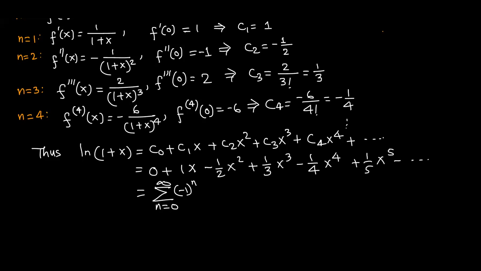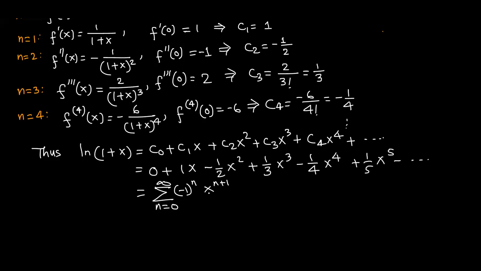Now we have in the first term, when we plug in n equals 0, we are supposed to get x, so this will be x raised to n plus 1 then, because when n equals 0 we get x raised to 1, which is x. When n equals 1, the second term, this doesn't count.